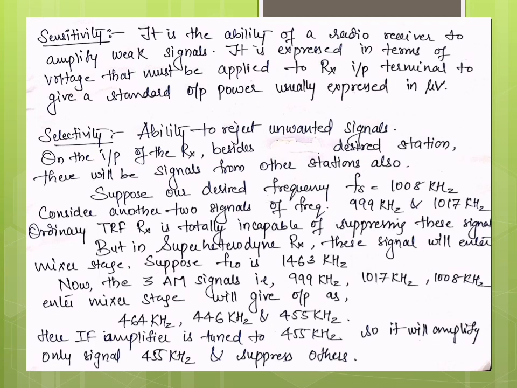Suppose our desired frequency fs is equal to 1008 kilohertz. Consider another two signals of frequency 999 kilohertz and 1017 kilohertz. We want only the fs, but the input of the receiver consists of 999 kilohertz as well as 1017 kilohertz, which are unwanted signals. An ordinary TRF receiver is totally incapable of suppressing these signals.